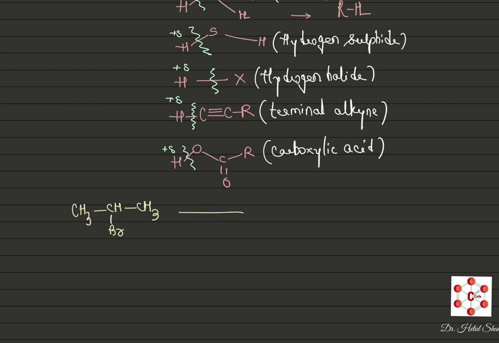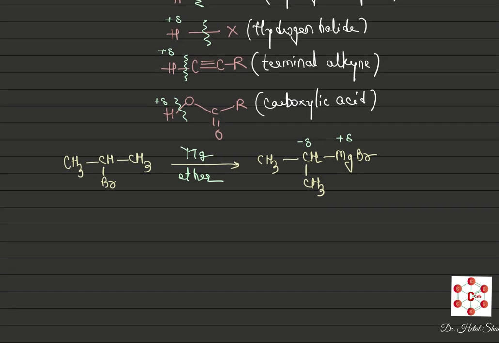And if I ask you what would happen if I add magnesium and ether, you will get CH3, CH, CH3, MgBr. Here this is minus and this is plus. Now, if I react this with water, or with alcohol or anything else, pay attention.